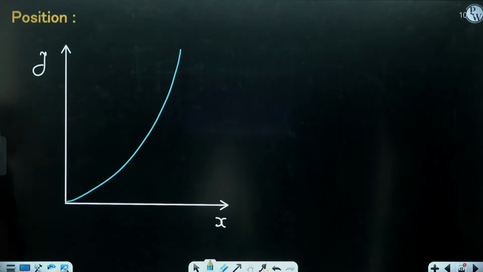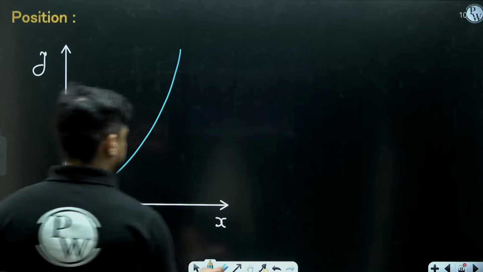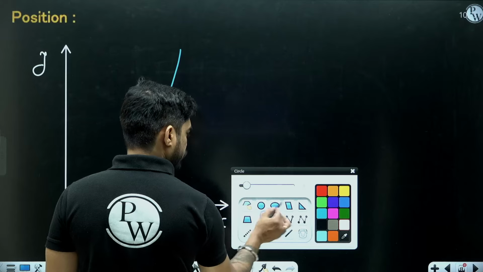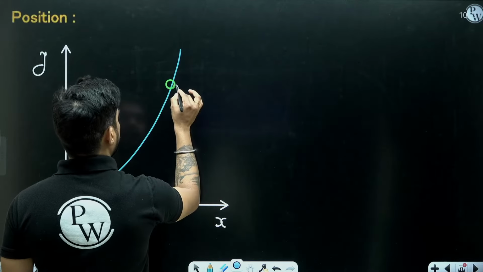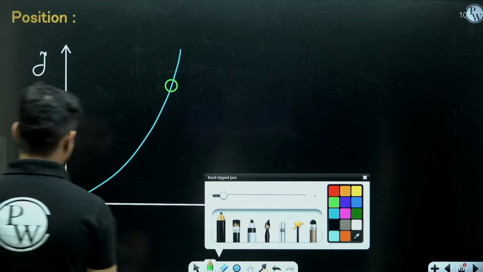A particle is moving along this path. It is a curved path. Right now the particle is here, and this is the origin.